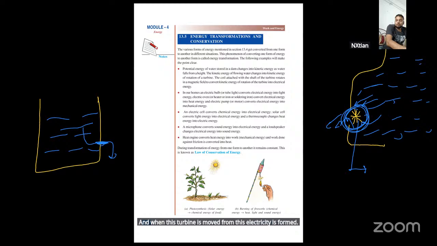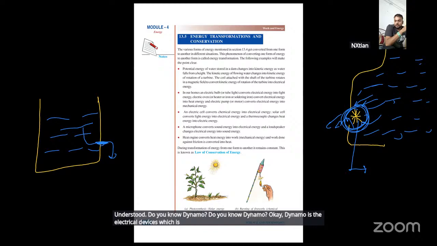Understood? Do you know dynamo? Dynamo is an electrical device which is used in a windmill or turbine. These types of turbines use it. When the turbine moves, the dynamo moves, and when the shaft of the dynamo moves, that produces electrical energy.